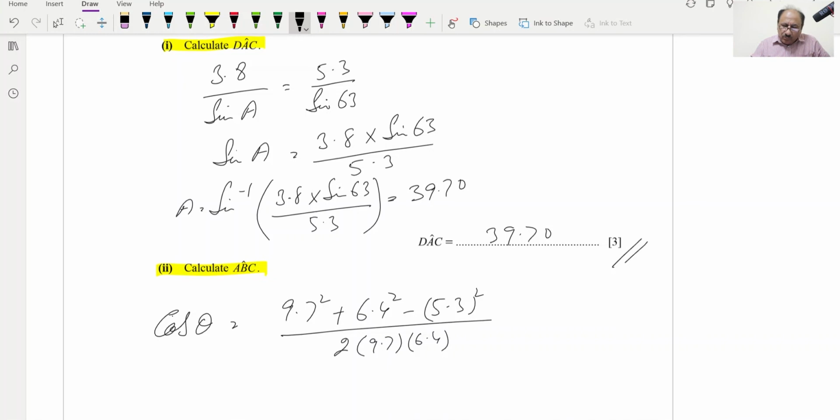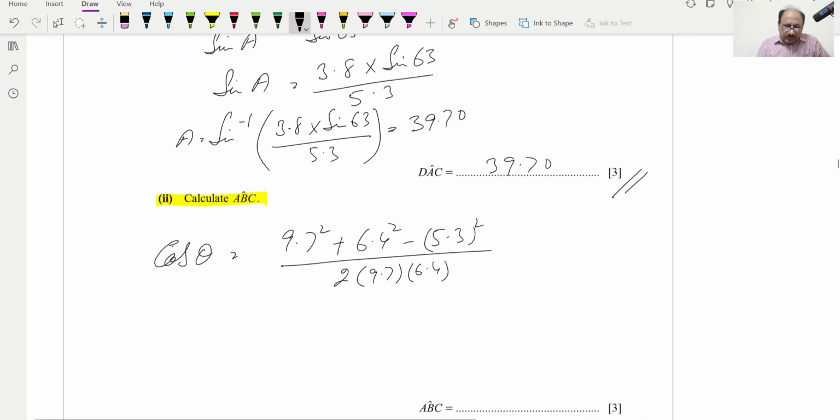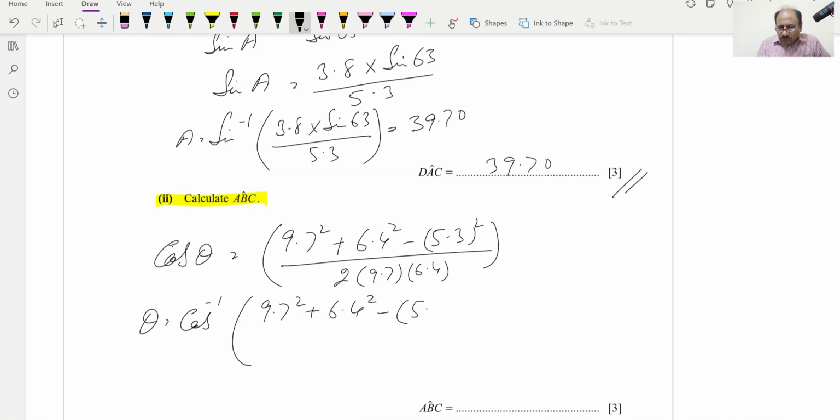Now we can take cos inverse of this one. Theta will be equal to cos inverse of the same thing, 9.7 squared, I'm copying the same, minus 5.3 squared and divided by 2 into 9.7 into 6.4.